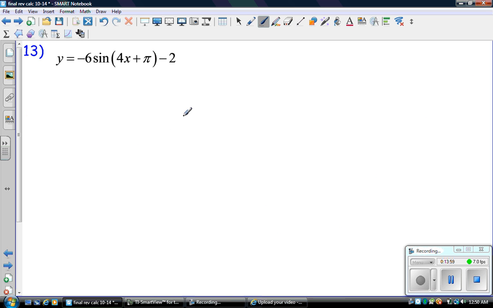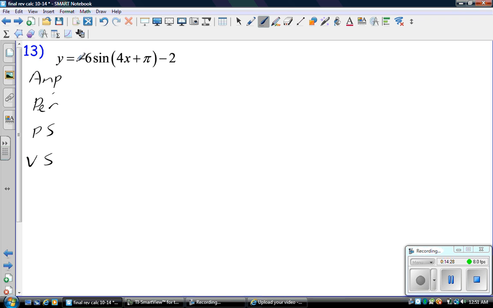On number 13, it asks for the amplitude, the period, the phase shift, and the vertical shift. All the interesting stuff we can have. Remember, the amp and the vertical shift are the easiest. The amp, be careful.